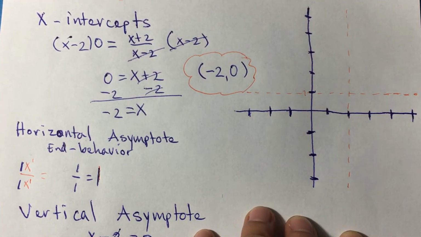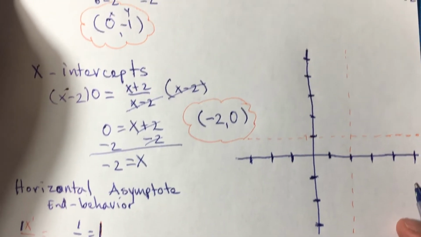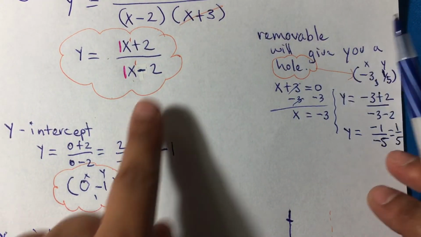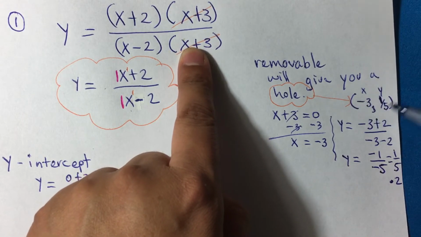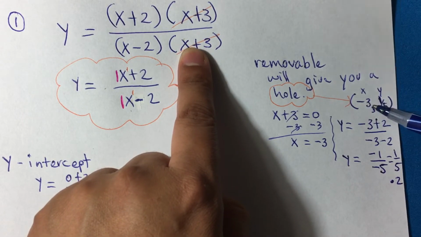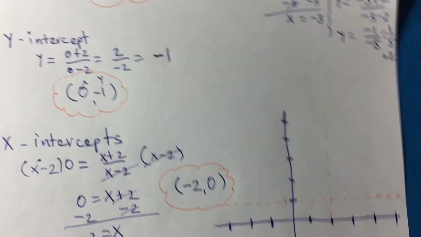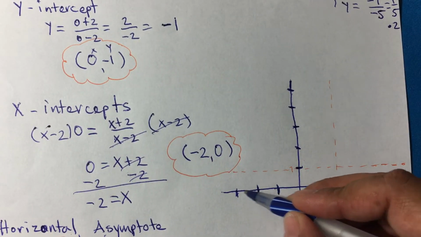And then if you notice, the first thing that we need to locate is the removable point, because we removed this factor, we go to that point -3, 1/5. So let's go back. -3, 1/5. -3 is right here. -1, -2, -3.